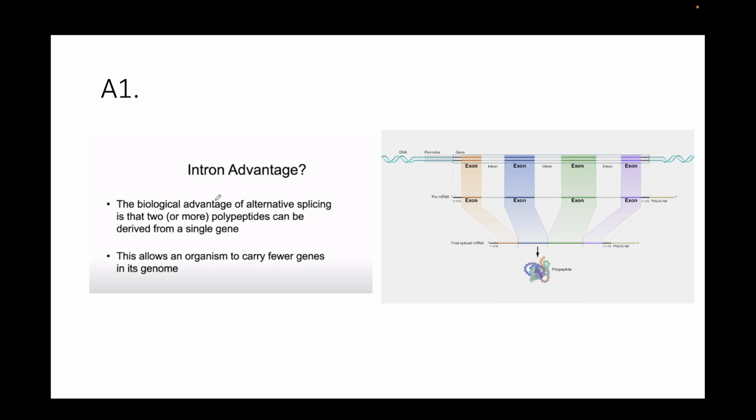If we require a lot of proteins, that means we need to carry a lot of genes, right? Because genes lead to production of mRNA, then protein, and post-translational modification happens, which leads to different types of enzymes and so on. So to reduce this hurdle for a complex organism, alternative splicing is specifically a boon.